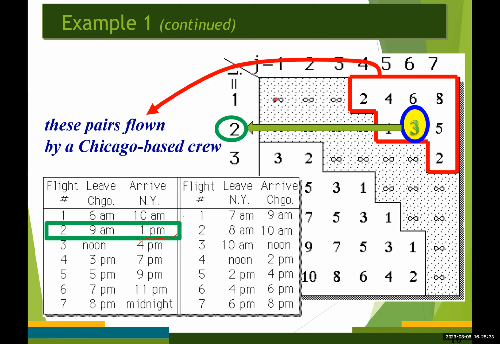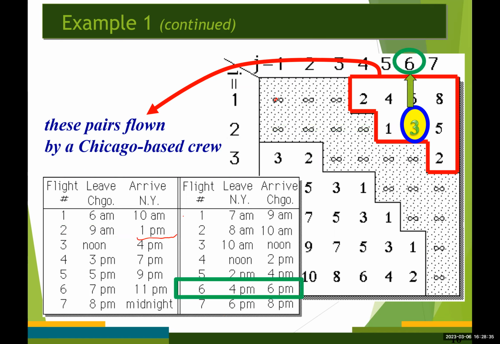And then he will take flight number 6 at 4 o'clock in the afternoon to come back to Chicago. So the layover time would be 3 hours, from 1 o'clock in the afternoon until 4 o'clock in the afternoon, right? Likewise, for all the other cells in this area, we can compute layover times, okay? Like this.